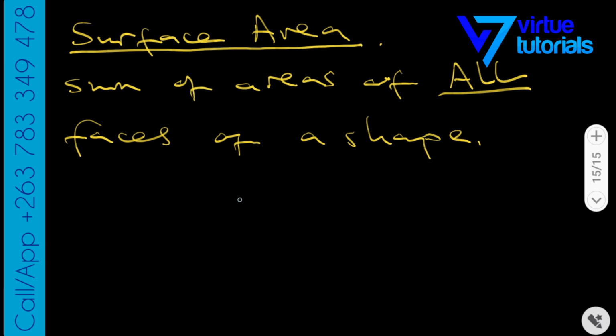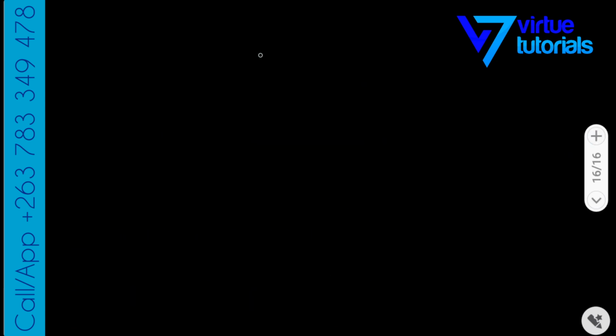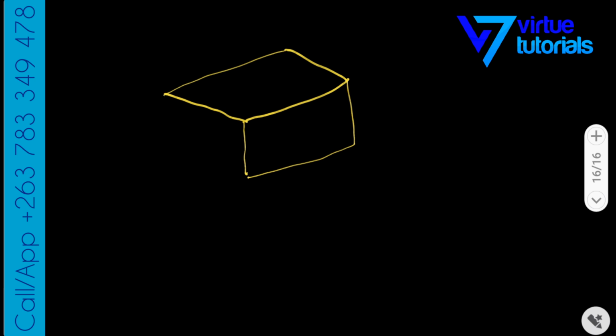So now let's look at something simple for demonstration's sake. We'll look at a rectangular block here. So let's say this rectangular block has 4 centimeters height, 5 centimeters width, and then 10 centimeters length.